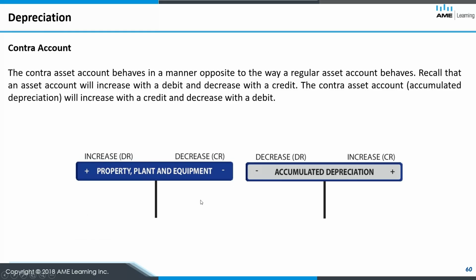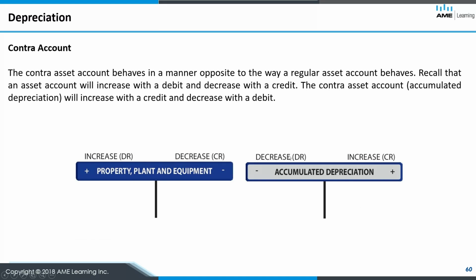So asset, plant, property, and equipment, increase on the debit on the left side. Accumulated depreciation increases on the right side, decreases on the left. So just the exact opposite, which is kind of what you'd expect, because this contra asset, the whole reason it exists is to offset the balance of the historical cost paid.